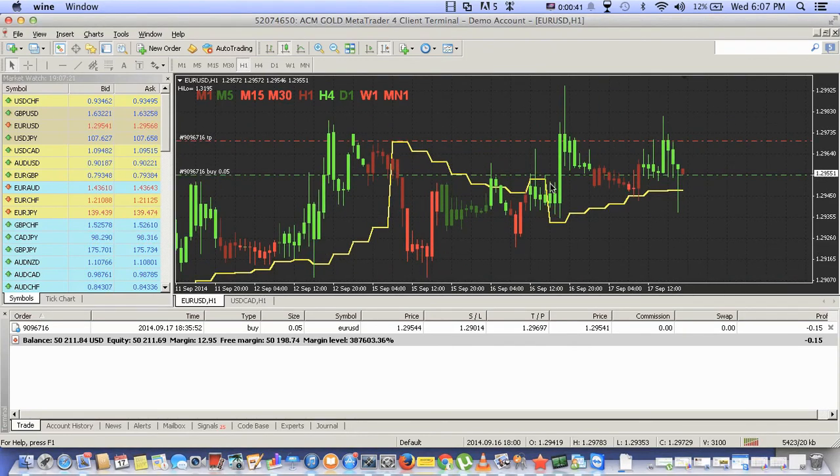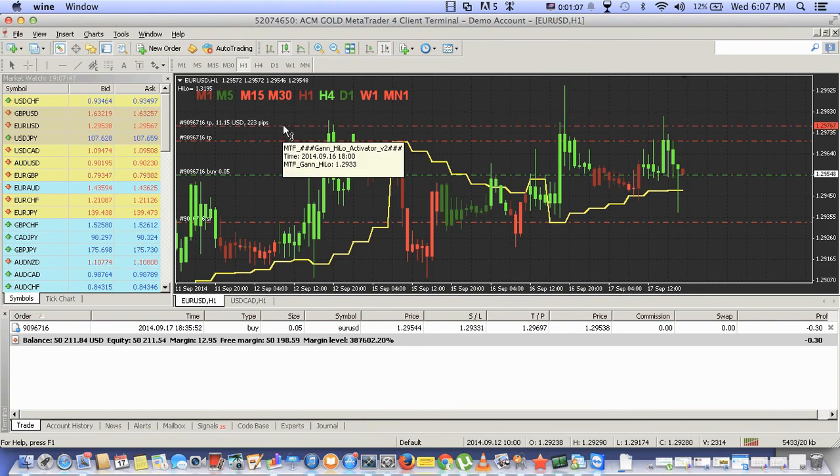Let's take this example here, where the price crossed from below the yellow line to the top. We would have taken our trade roughly where it is now. We would have put our stop loss on the yellow line just below where you took the trade. And then the take profit: if you move your take profit, you can see it gives you all sorts of information to the left of the line, and there it says 223 pips.